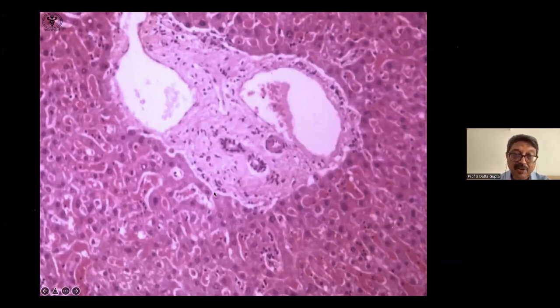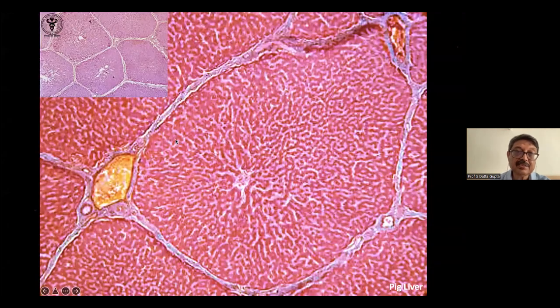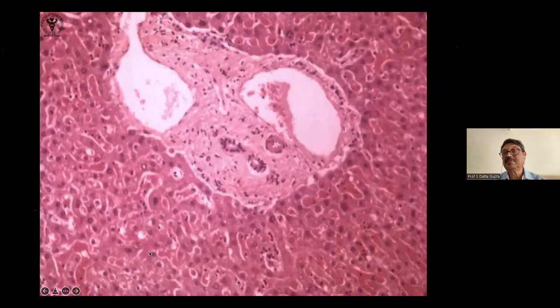Now here you will find that the lobules in pigs and swine are separated by fibrous tissue. This does not occur in human beings, and therefore it's very difficult to separate lobules in human beings. The other thing is there is no fibrous tissue separating the portal tract from the parenchyma full of hepatocytes.